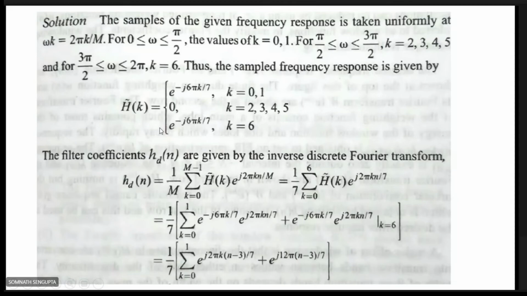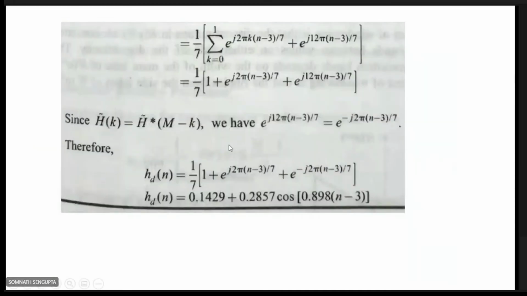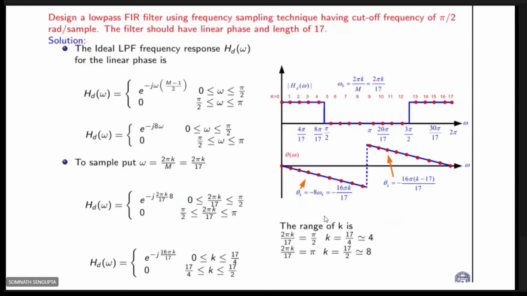Now use the formula of DFT and IDFT. If you use these values, you will see that it comes to be this function. So you just go through it, practice it, and it is very interesting. Some other examples I have mentioned here for more understanding.